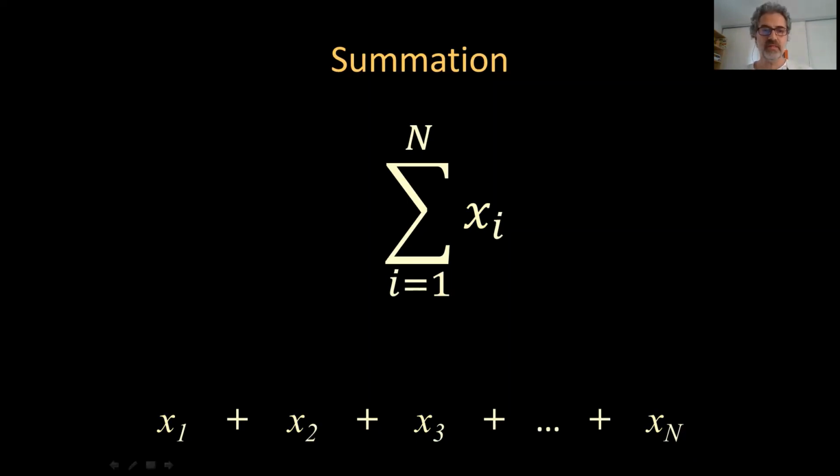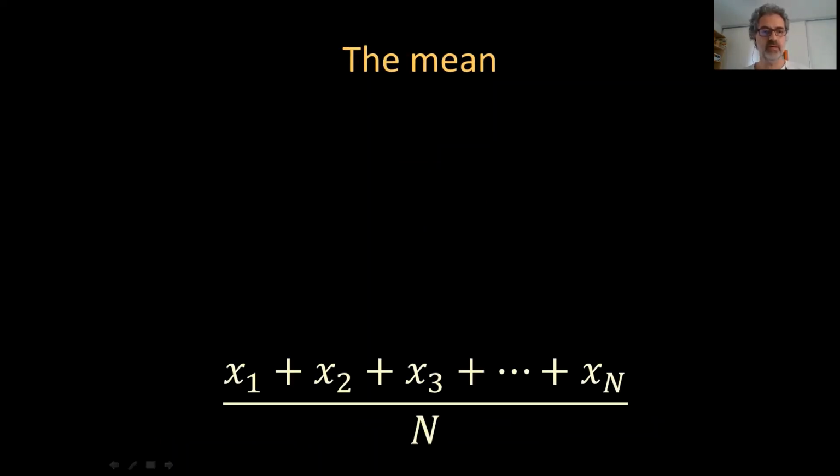So this kind of formula appears when we have the mean. You already know that the mean is the sum of all the measured values divided over how many they are. So it's x1 plus x2 plus x3 plus however many we have until the last one, divided by n.